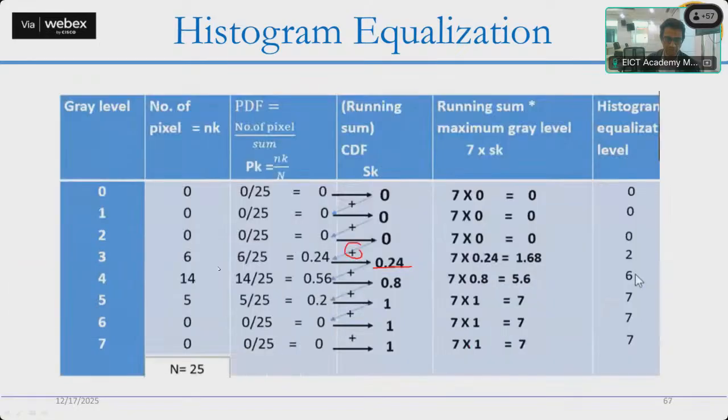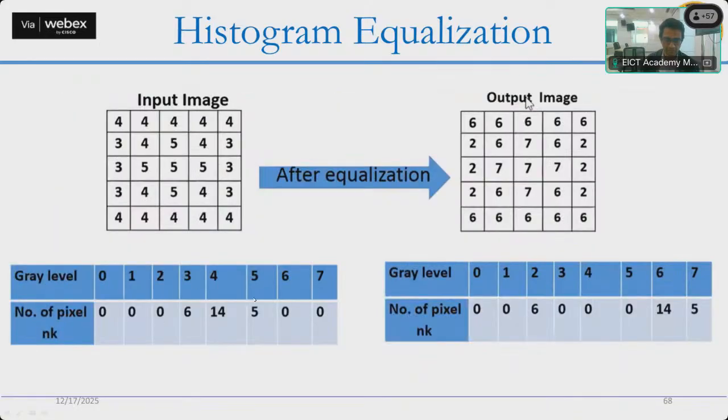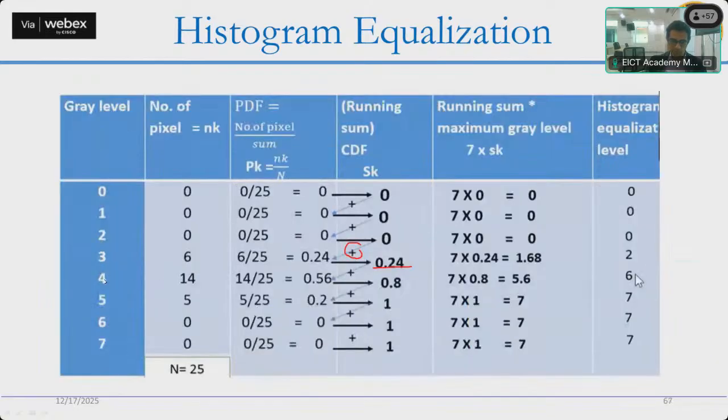So for example, earlier 6, 14, 5 was there. After equalization, see this 4, what you are seeing, 4 is replaced by the 6. 5, wherever 5 is there, it is replaced by the 7.